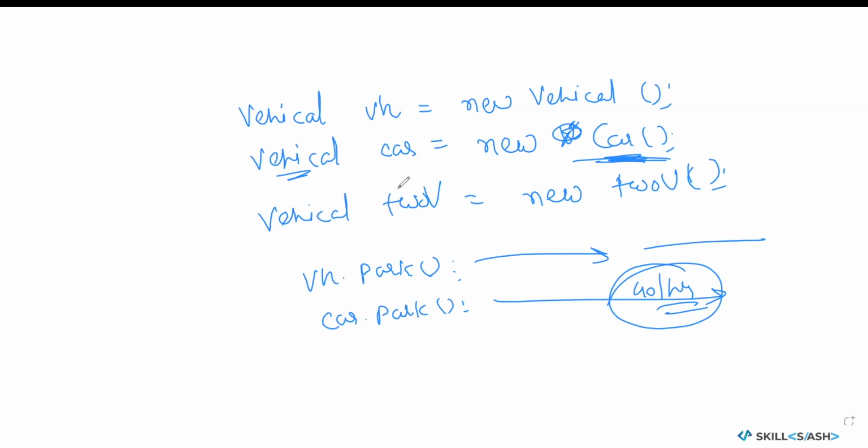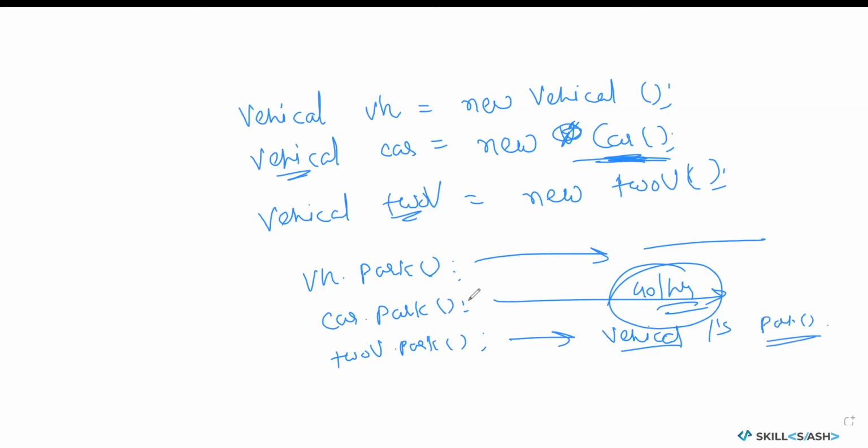Got it? Let's say, just for example, that TwoWheeler has no park method. Even if I do twoWheeler.park, it will call the park method of the Vehicle class.